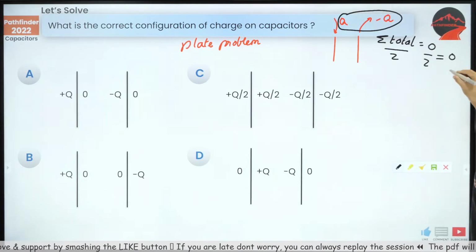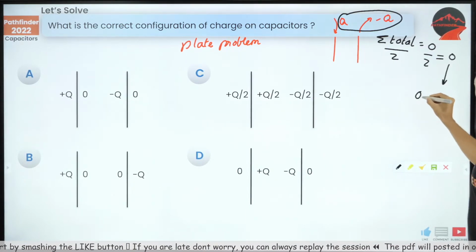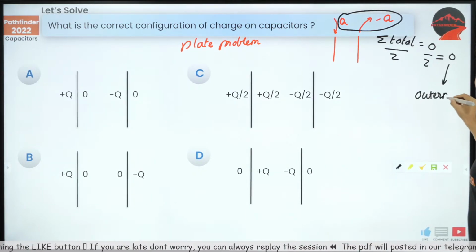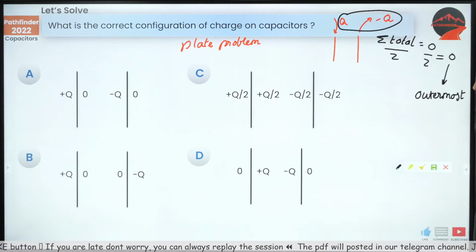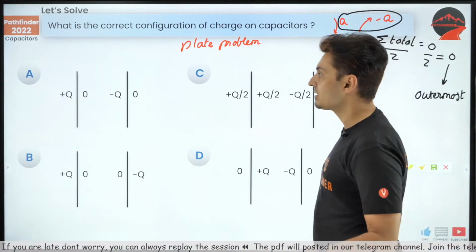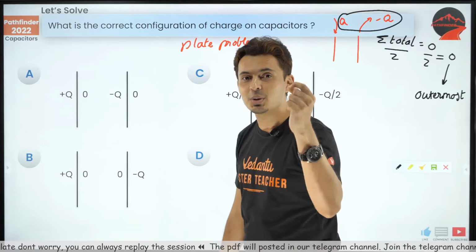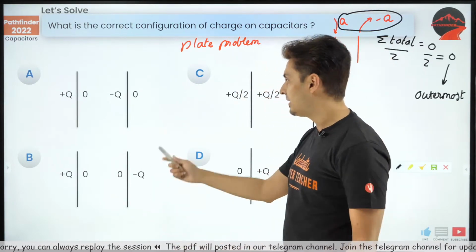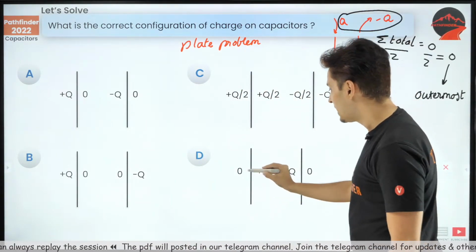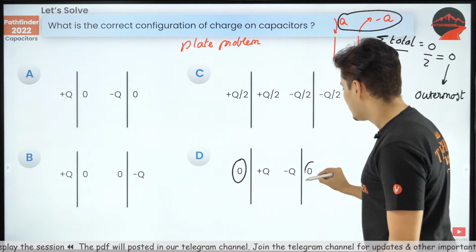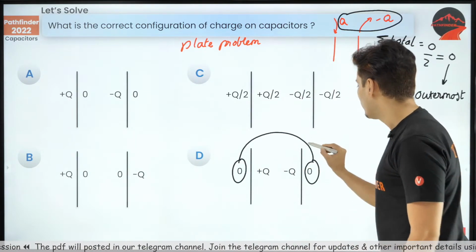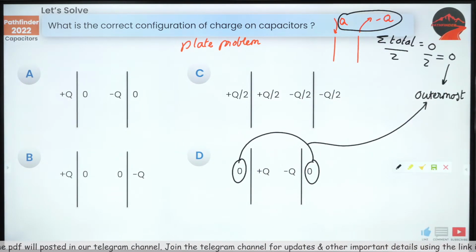Where does the total charge divided by 2 come? It will come on the outermost surfaces. So the outermost surfaces should have 0 charge. Now there is only one option like that. You can see there is 0 charge here, there is 0 charge here. Both of them are basically the outermost surfaces.